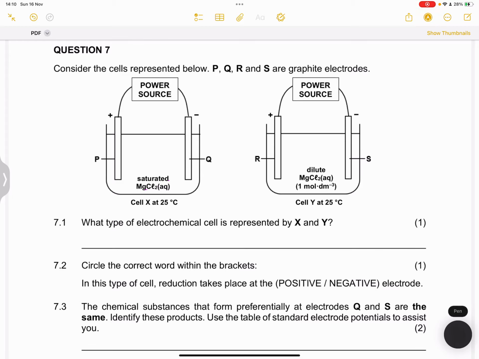Because we've got saturated magnesium chloride, the Cl minus ion will undergo oxidation. That will happen at electrode P, so you're going to have Cl minus simply becoming Cl2 by giving away 2 electrons.